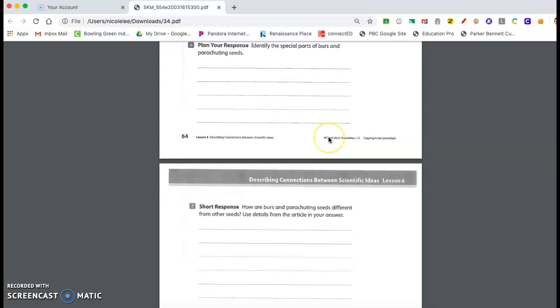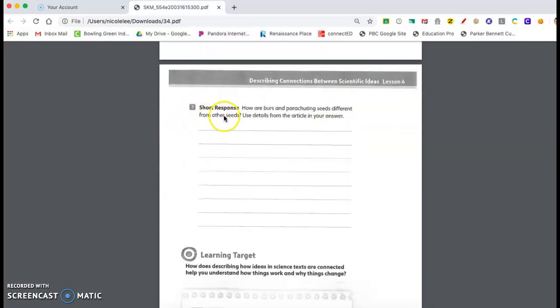I'm almost finished. And then you're going to go to number 7, the short response part. This is where you're going to write how burrs and parachuting seeds are different from other seeds. So you would start this by restating your question.